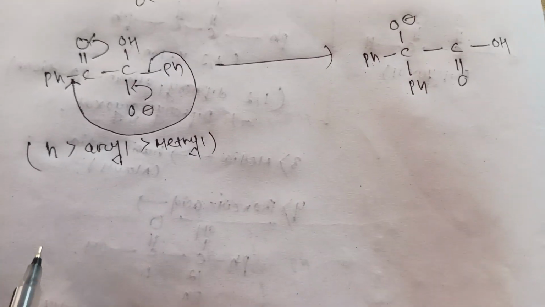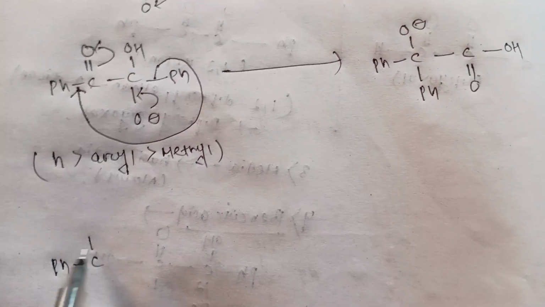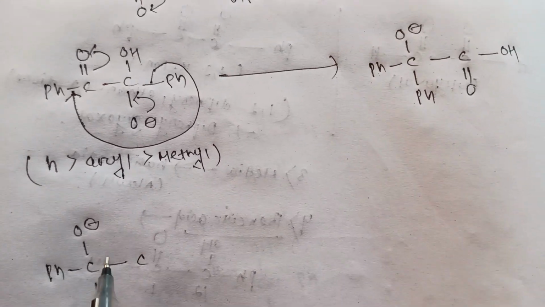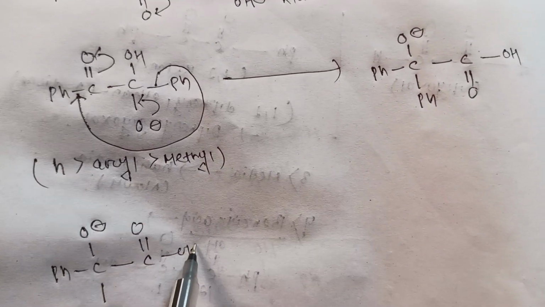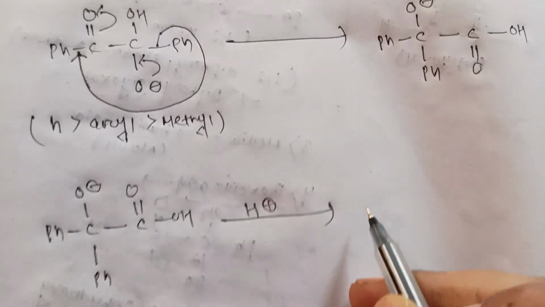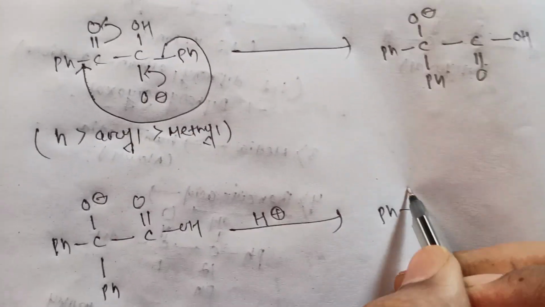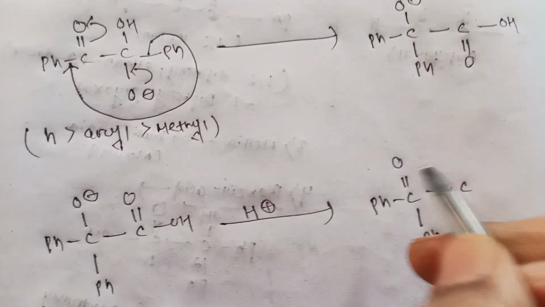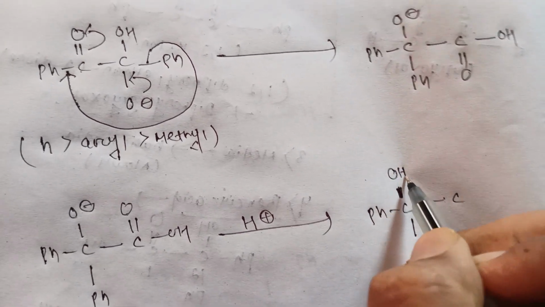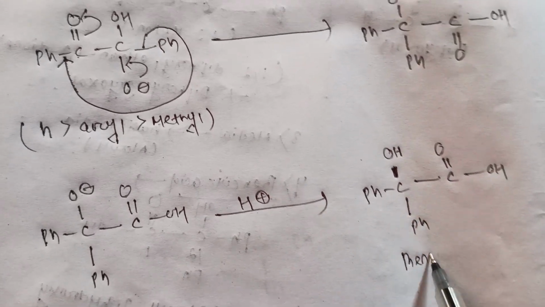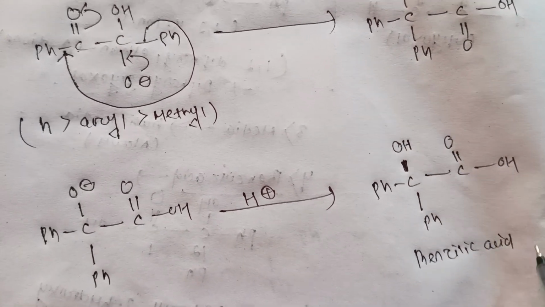Water is present, so H plus will come and bind to this oxygen, and the final product is formed: phenyl, C, OH, phenyl, C double bond O, OH. This is the structure of benzilic acid. So this is the whole mechanism.